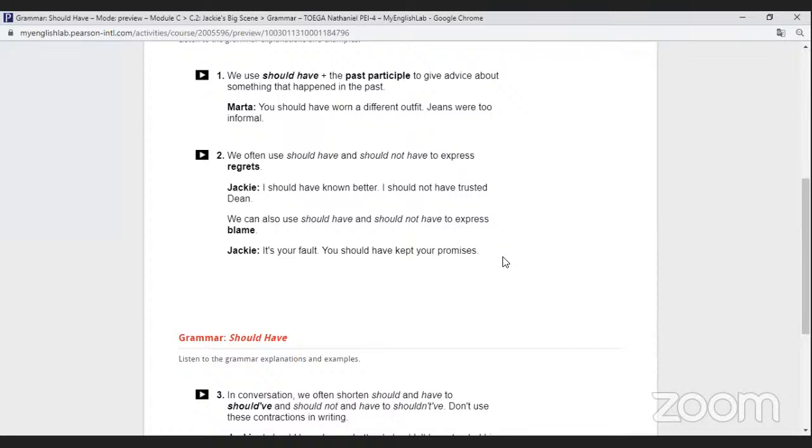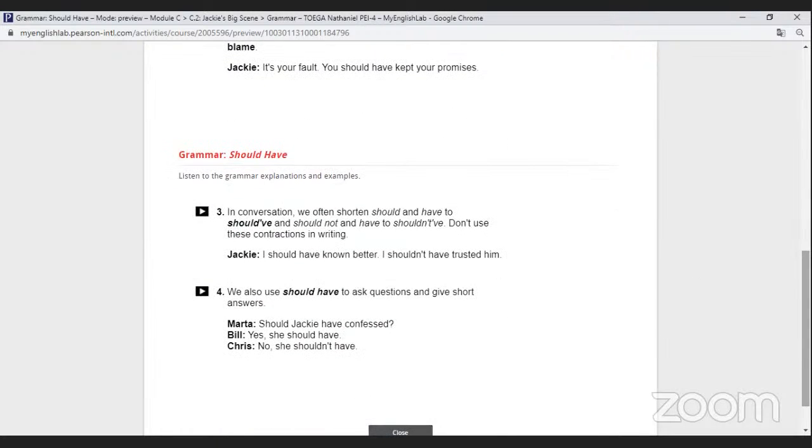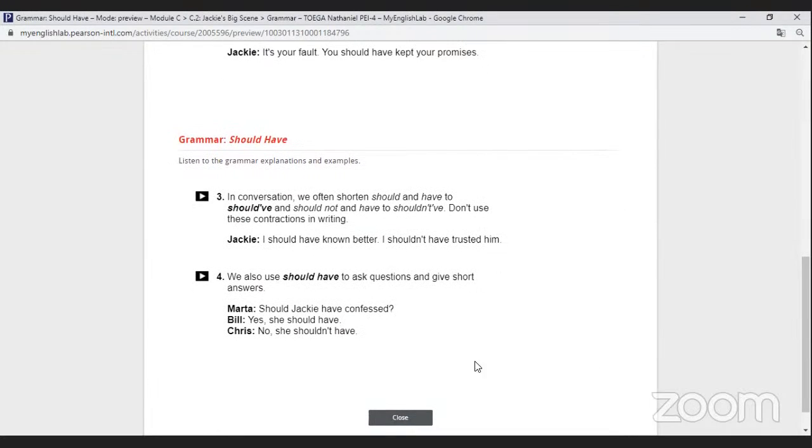Okay, very good. Also, you can express regrets. Number three, in conversation, we often shorten should not have to shouldn't have, and should have to should've. Then use these contractions in writing.